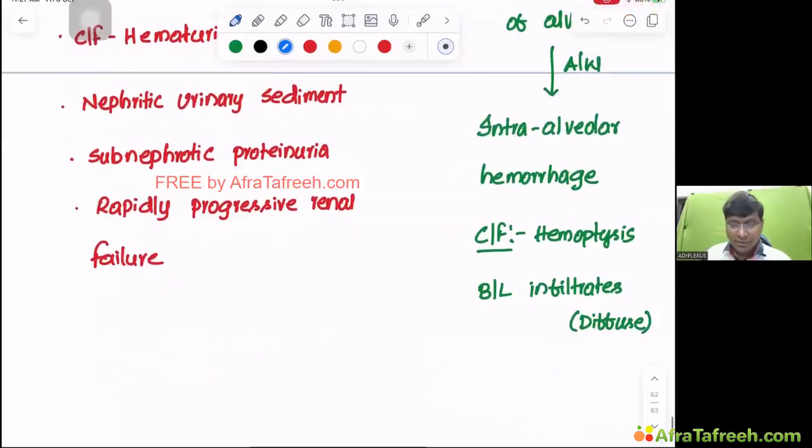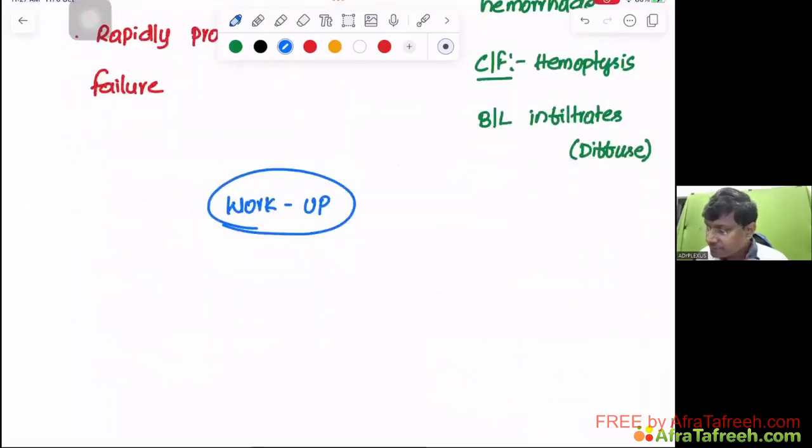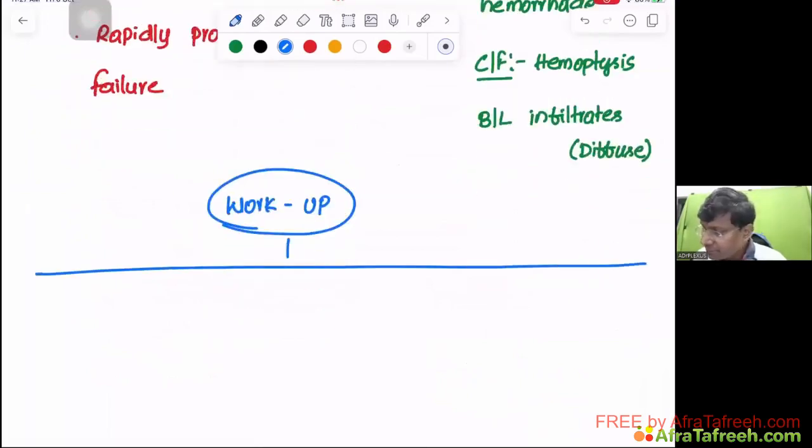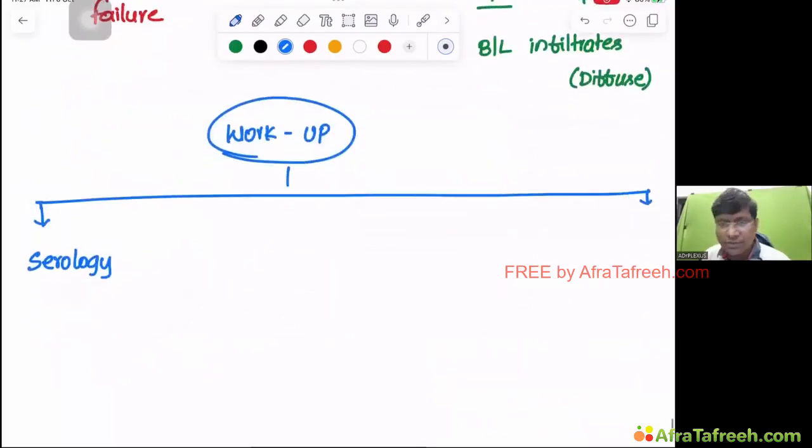Then, how will you work up these patients? That is the investigation. In the workup, important is serology. In the serology, what will you make out? The antibodies, right?